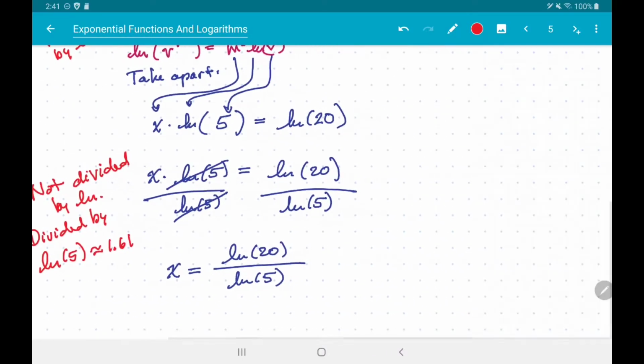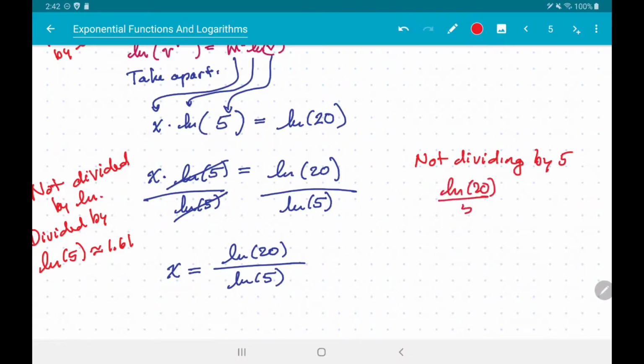Another thing that I want to make clear is that since we've divided both sides by ln of 5, we need to be sure that on the right-hand side we have ln of 20 divided by ln of 5. We are not dividing by 5, so it's not ln of 20 divided by just 5.